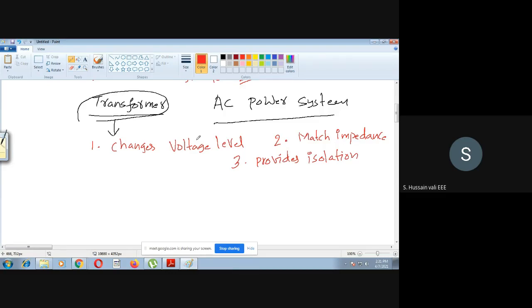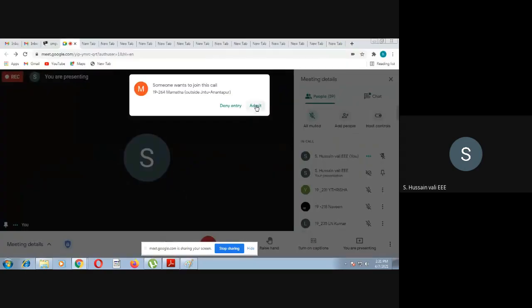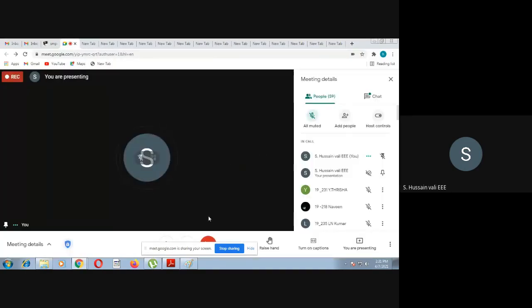Now we'll take the case of the first advantage, that is, it changes voltage level. Changing voltage level in the sense either it increases the voltage or it decreases the voltage.